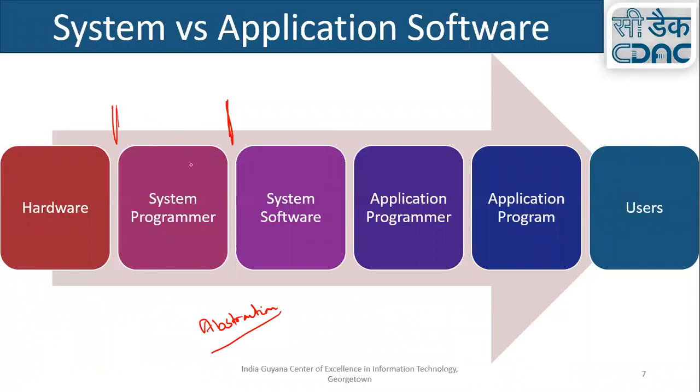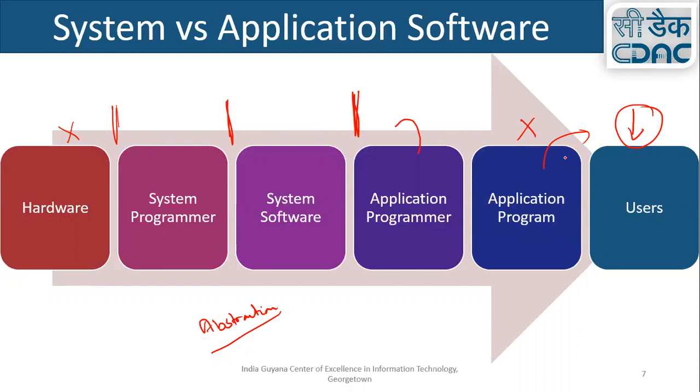Then the system software is available. As an application programmer, you don't need to know about these hardware parts. You just write your own application program. And as an end user, we never care how this particular program is running. We are just utilizing the functionality provided by the application program.